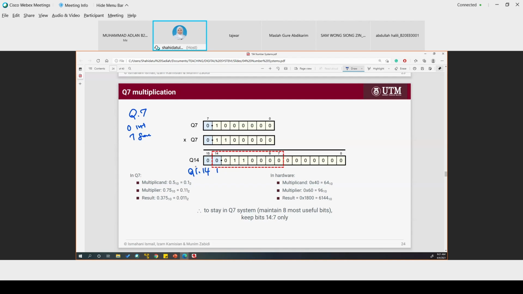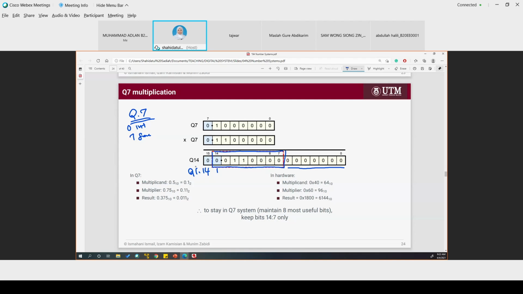If you want to maintain the Q7 format, we must truncate and only take out this part of the answer, meaning you cut out the remaining bits, from bit 0 to bit 6 here.